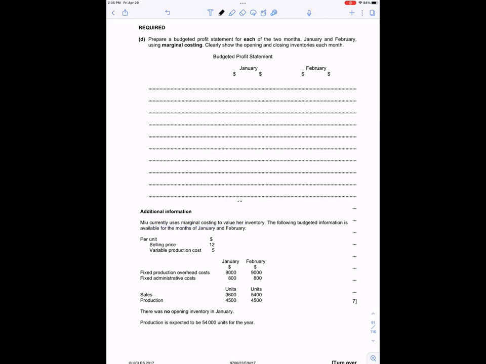Marginal costing to value inventory means what? What do you mean by marginal costing to value inventory? It means when I'm using marginal costing to value inventory, I value my stock at which price? Variable cost.